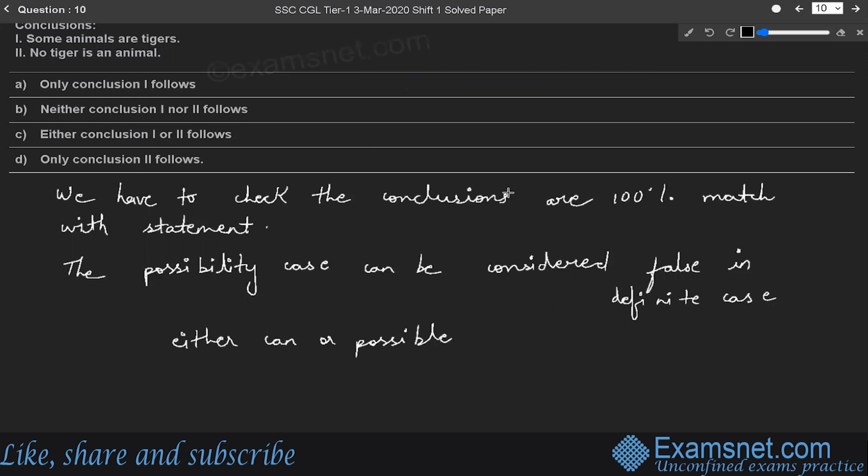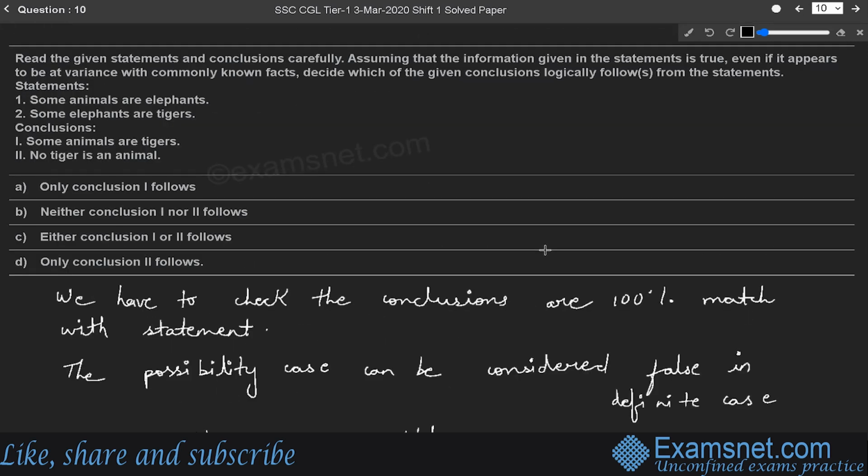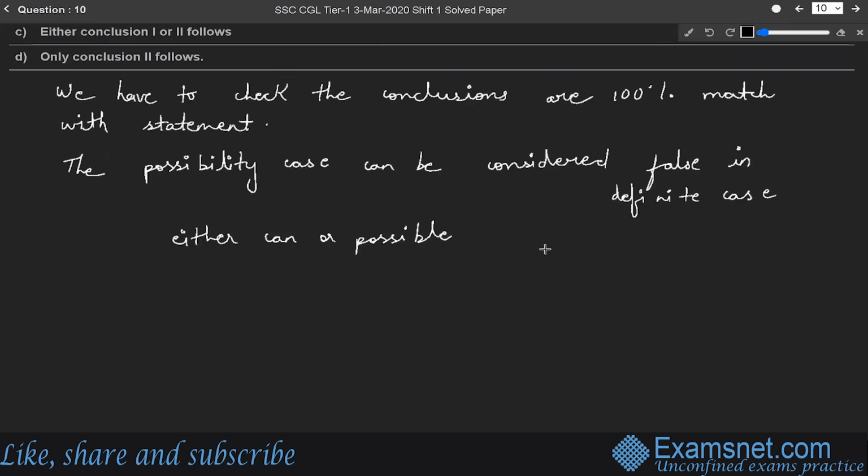Now coming to the solution part, two statements are given here. Some animals are elephants and some elephants are tigers. So according to that, we need to draw a Venn diagram for the given statements. Okay. So drawing the Venn diagram, first statement is some animals are elephants. So consider this part as animals.